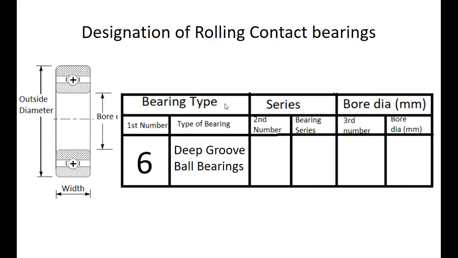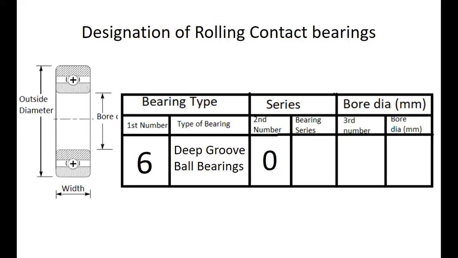6 indicates deep groove ball bearings, right? And that too specifically single row deep groove ball bearing. Very good. 6 indicates single row deep groove ball bearing. 0 is your which series? 0 is one of the series from... yes, anyone wants to answer? Very good. 0 is extra light series.